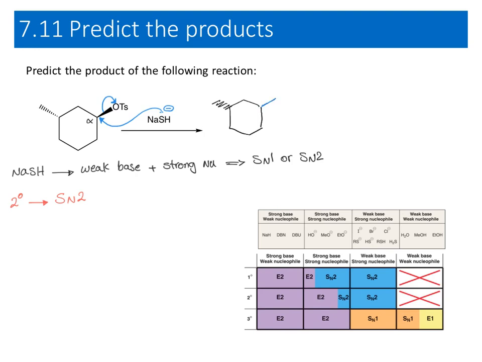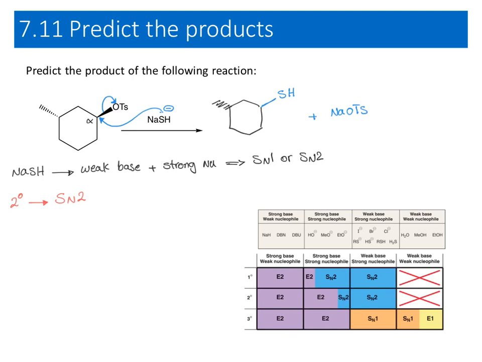So we are going to substitute the tosylate with SH. The sodium is a counter ion, so basically we can ignore it. Or I can say the counter ion stays with the tosylate that left the molecule.